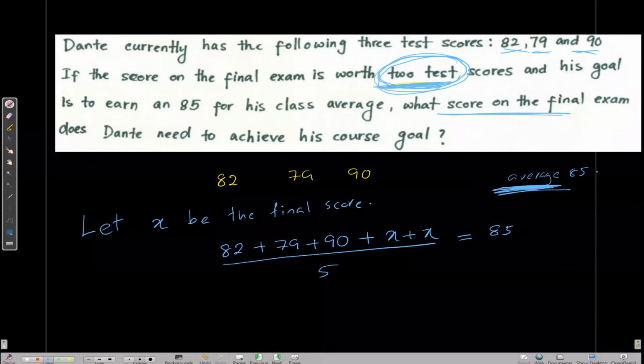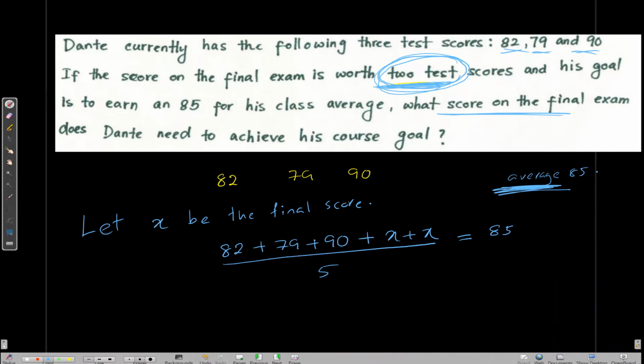See, we set up our equation. Now after that it's not hard. We just have to add these numbers. So 2, 9, 11. 251 plus 2x over 5 equals 85.